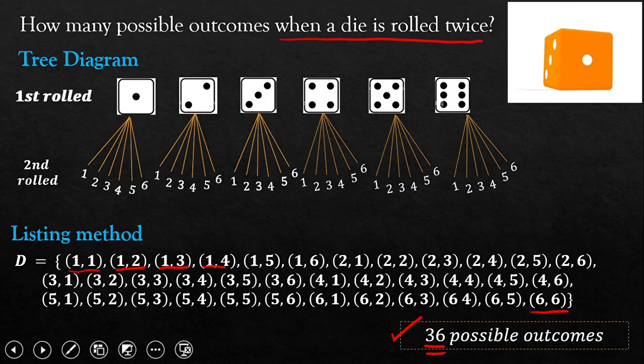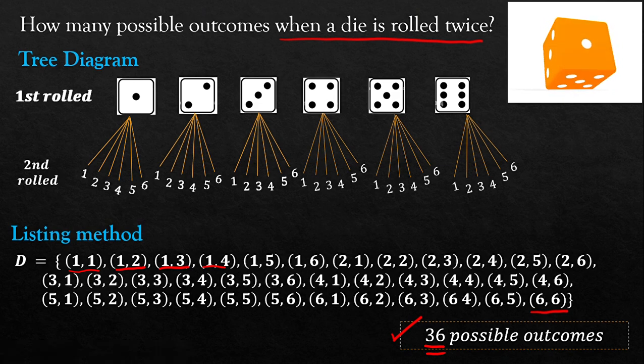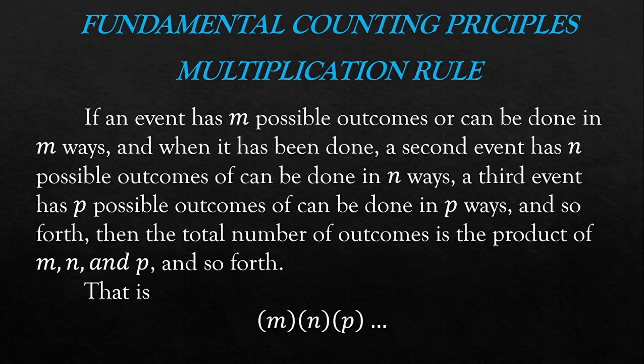As you all know, there is a shortcut method for counting all the possible outcomes, and this is the fundamental counting principle. What is the fundamental counting principle? It is the multiplication rule.